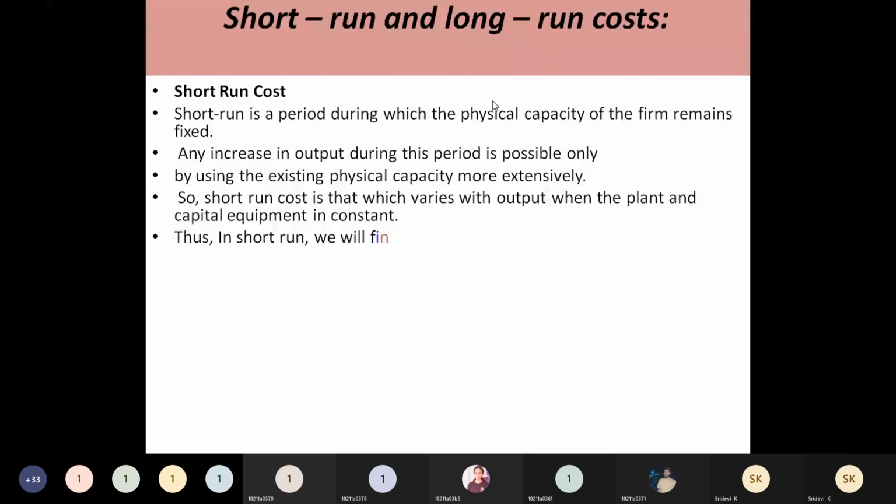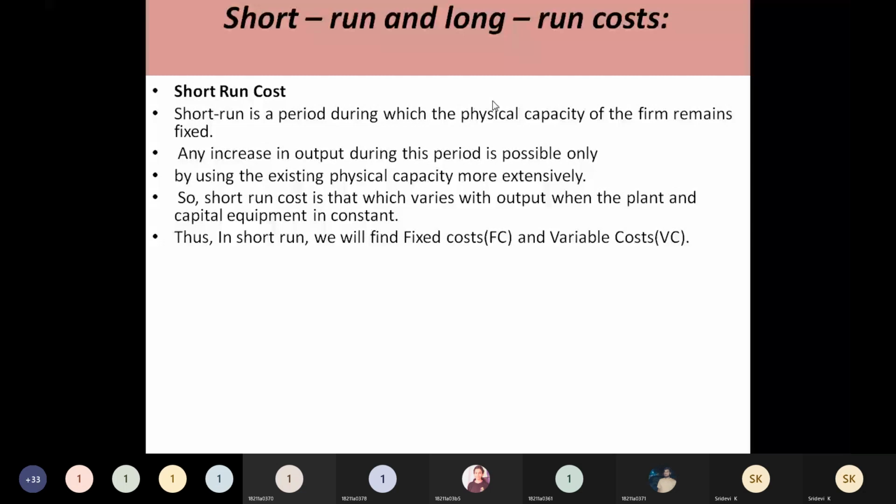So these short run costs will vary when the plant and the capital are kept constant. You can see in the short run two types of costs: one is fixed cost and the other is variable cost. Some costs will be constant.